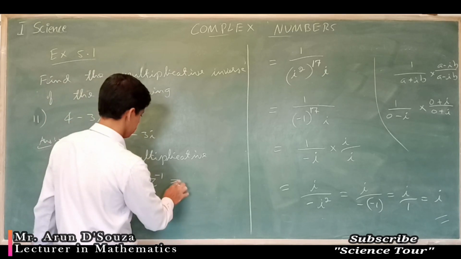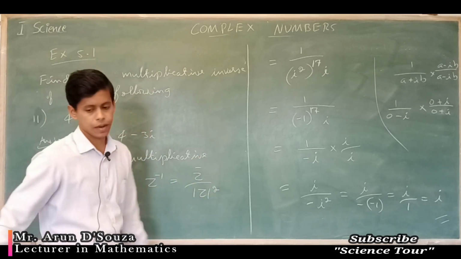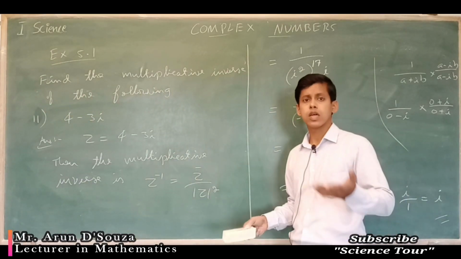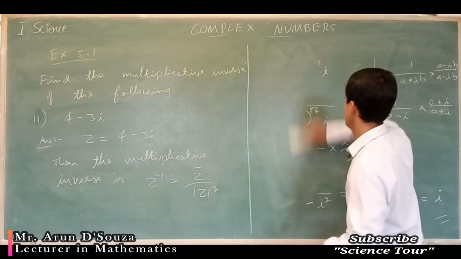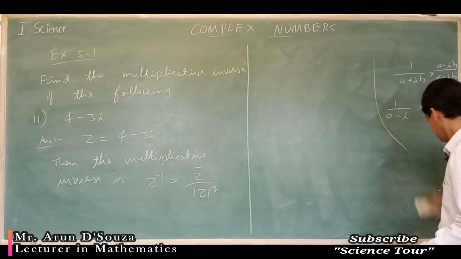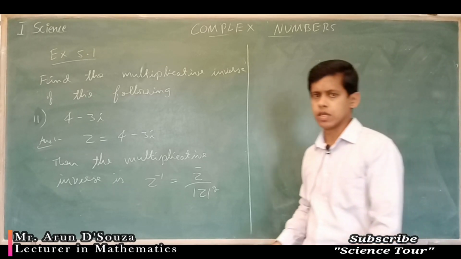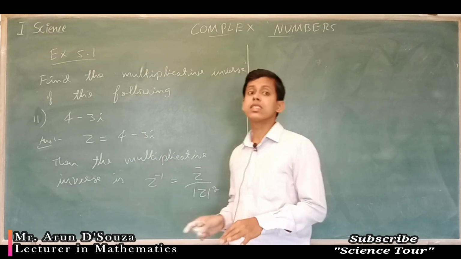Z inverse is equal to Z bar divided by mod Z square. Now what are the two things you have to replace? Z bar, what is Z bar? Conjugate of Z. Now what do you mean by conjugate of Z? Conjugate of Z means real part same, imaginary part change the sign.